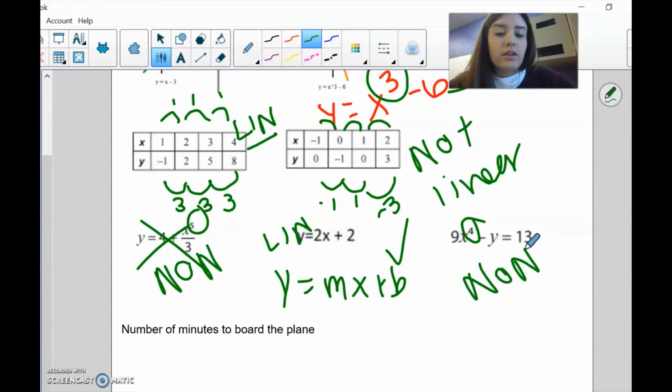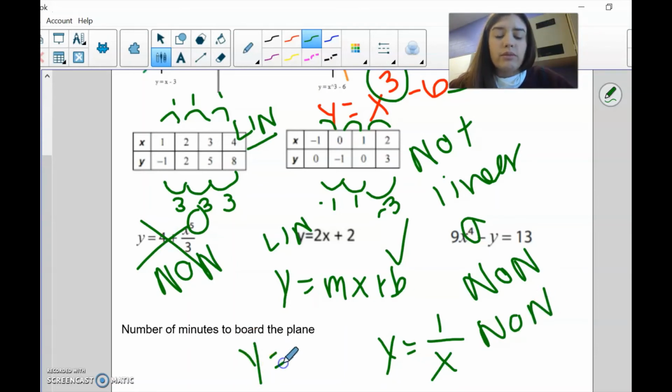Some other things to look for is when x is below the fraction bar. It's automatically a no-go, nonlinear. If it is on top of a fraction bar, like on top of 4, this is linear because we can rewrite that as 1/4 x.